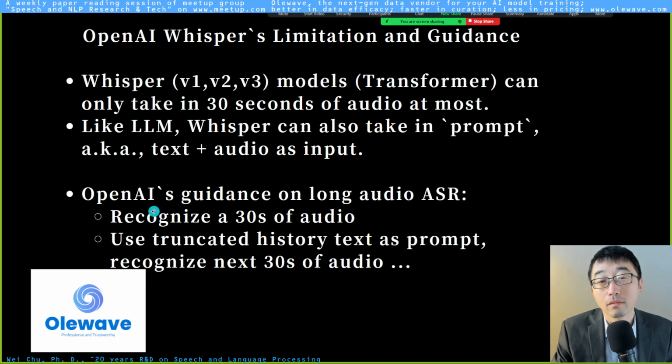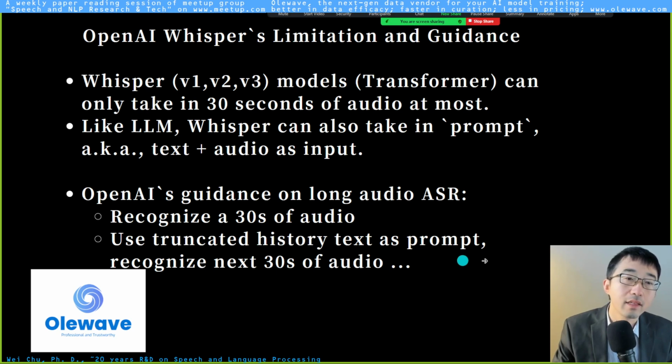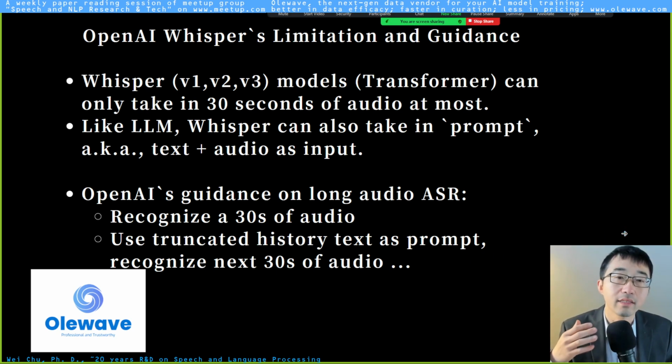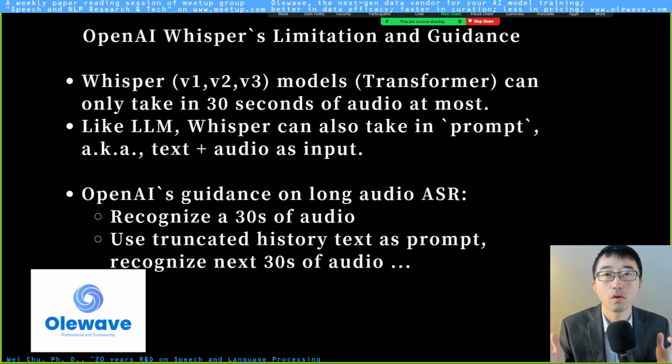In their example scripts, they give guidance on how to handle long audio ASR. They recommend you first recognize the first 30 seconds of the audio, get the recognition results, and use those results as a prompt, together with the next 30 seconds of audio.